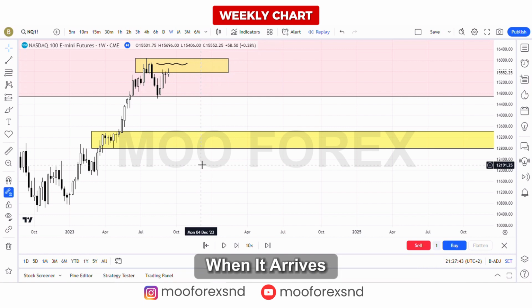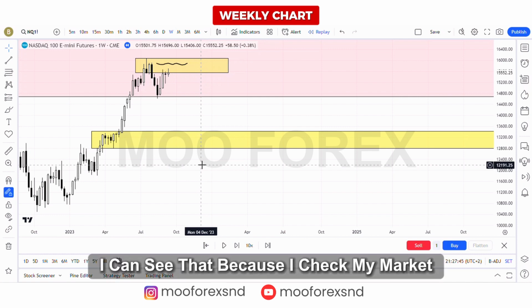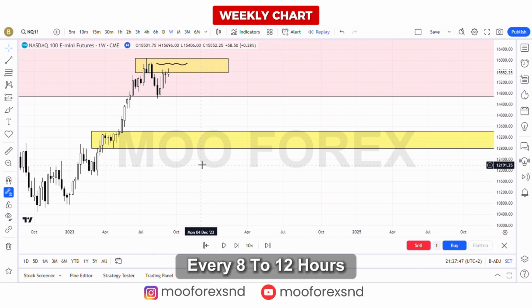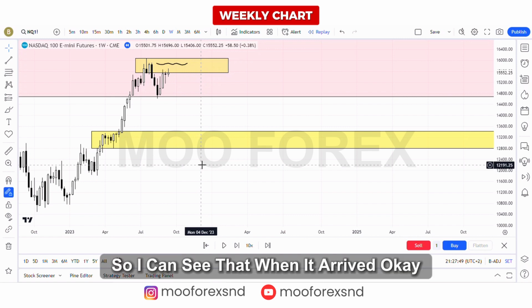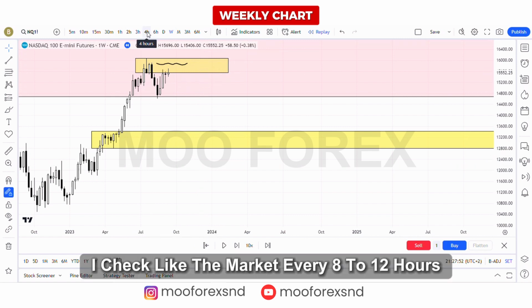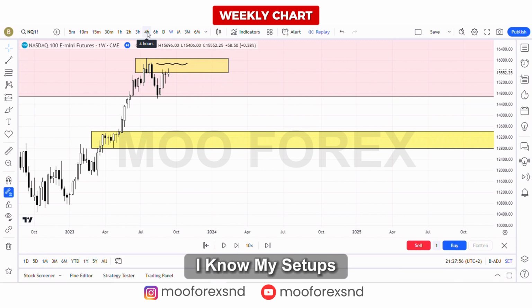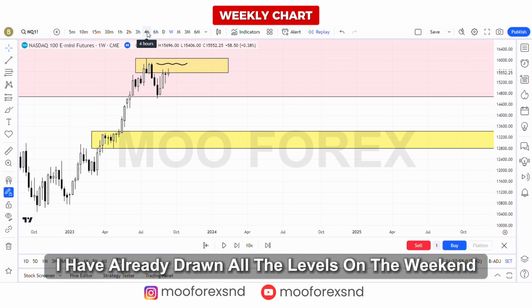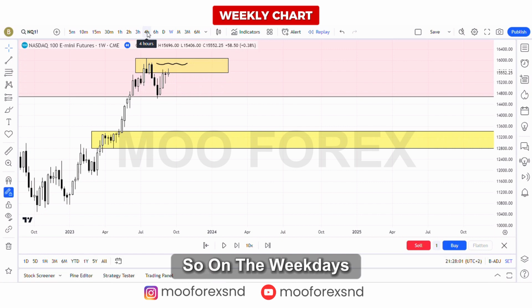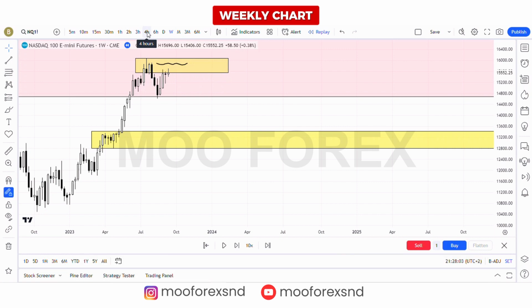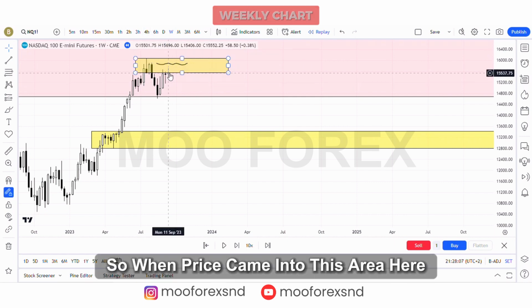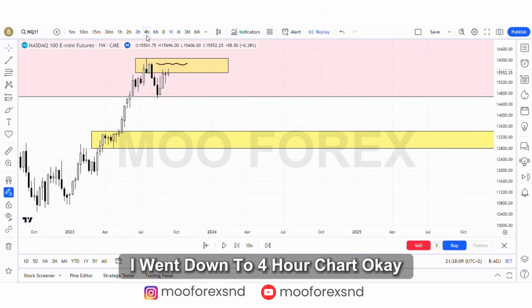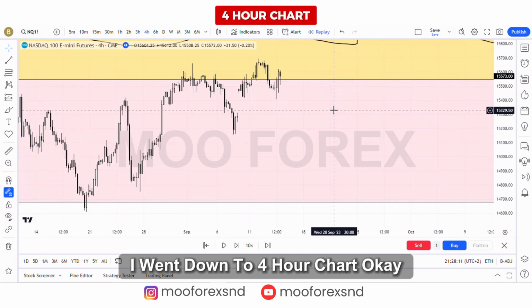I check my market every 8 to 12 hours, for about 10 minutes, so I can see when it arrives. I know my setups. I have already drawn all the levels on the weekend, so on the weekdays it's just a little bit of work. So when price came into this area, I went down to the 4-hour chart.